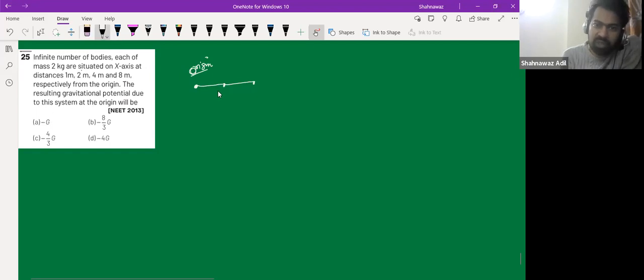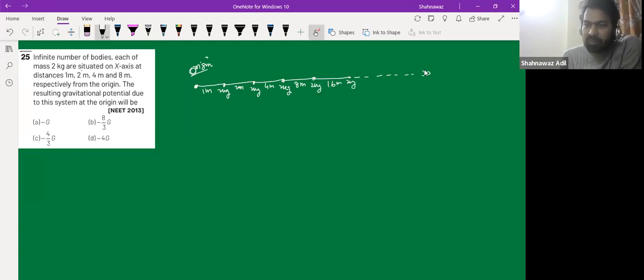So 1 meter, 2 kg; 2 meter, 2 kg; and then 4 meter, 2 kg; then 8 meters and 2 kg; then 16 meters and 2 kg, and so on up to infinity.